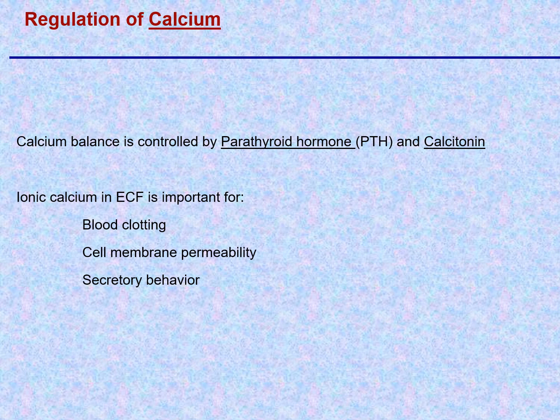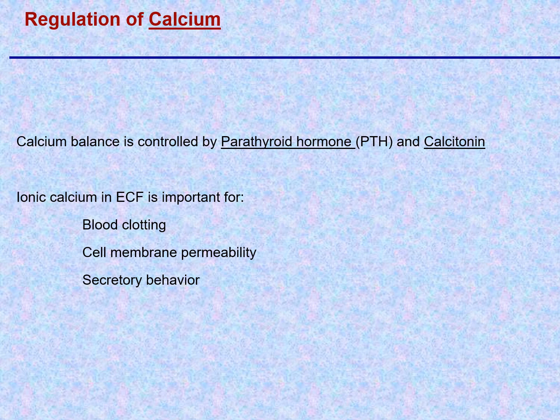Calcium is another electrolyte ion, a cation that is carefully regulated in the body. It's extremely important in many enzymatic reactions. They have to have calcium there.